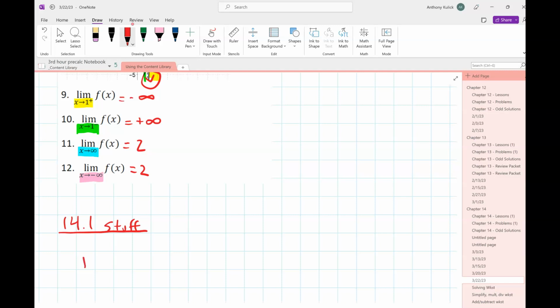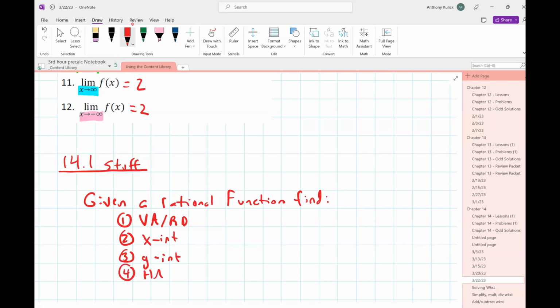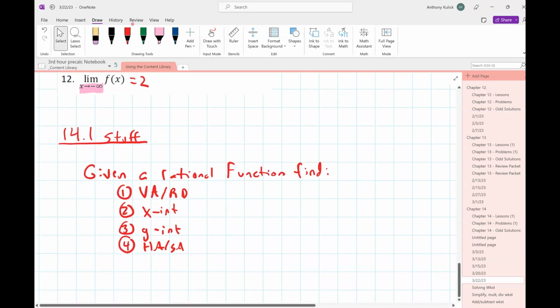So you should be able to find, given some rational function, vertical asymptotes and removable discontinuities, x-intercepts, y-intercepts, horizontal or slant asymptotes, right?